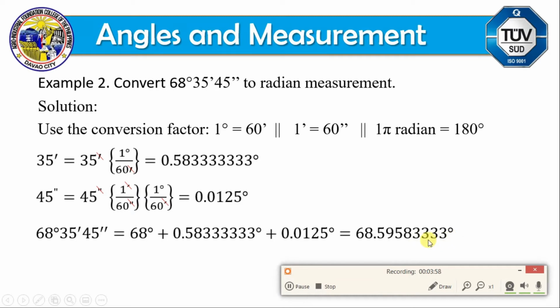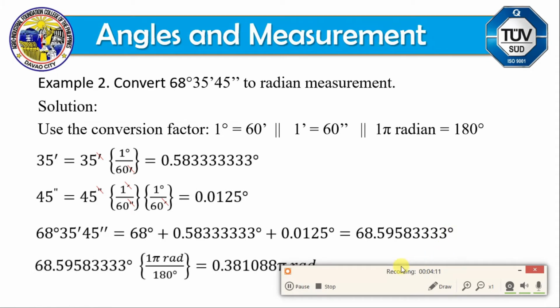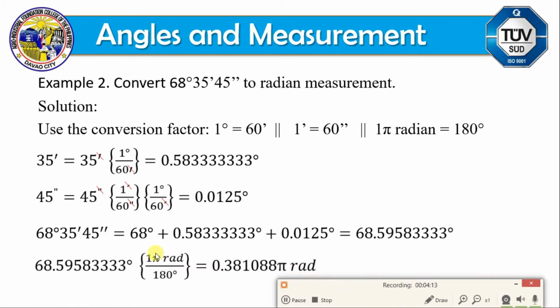Now, this is not yet the final answer since we are tasked to convert this value to radians. Since this is still in degrees, let's convert it. By using this conversion factor, notice the 180 degrees is at the bottom, so the degrees cancel out. So 68.59 times 1 pi divided by 180.